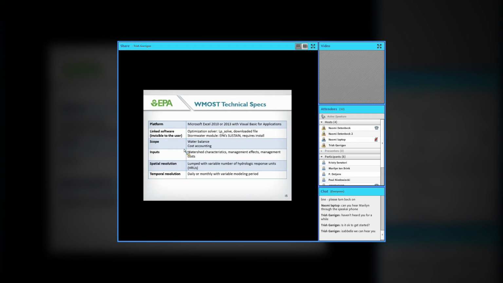So the scope of the model, I already told you, has water balance, so water accounting. It's a big mass balance calculator, basically. But it also has cost accounting for the cost effectiveness piece. So it has two accounting systems going on. We input watershed characteristics, the effective management actions, and the cost of management actions. And as I mentioned, its spatial resolution is lumped.